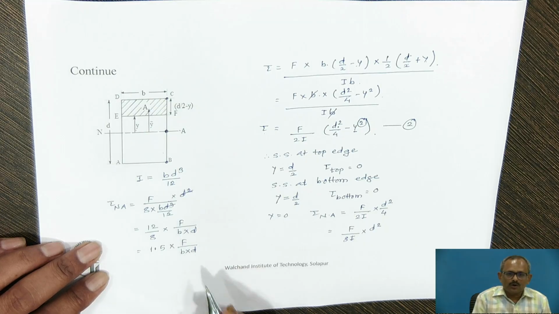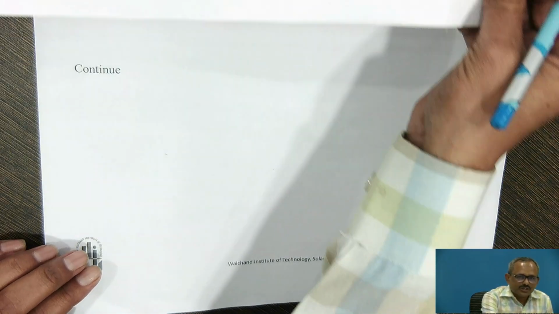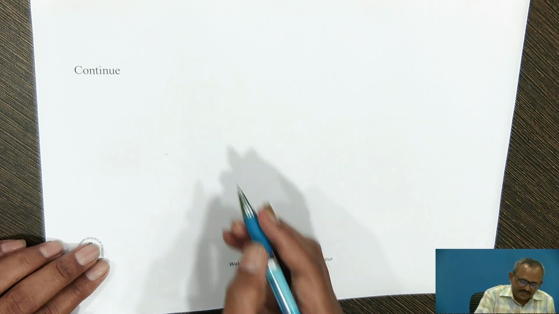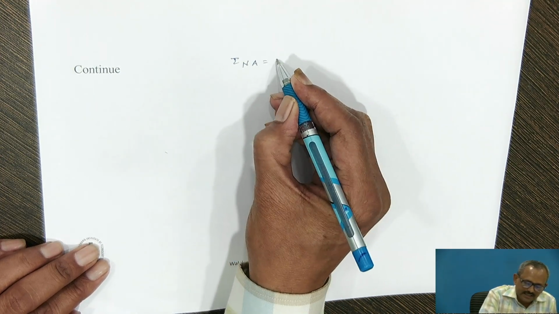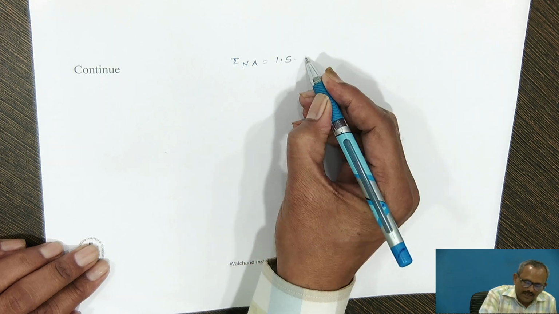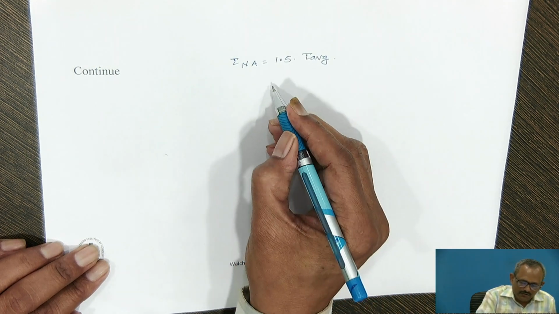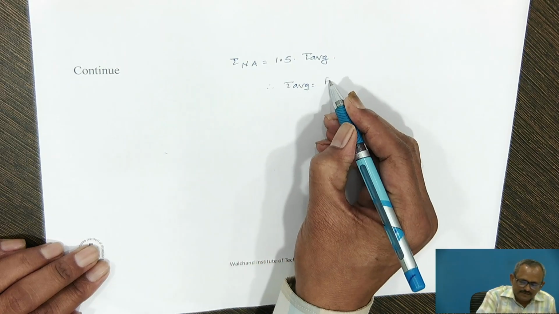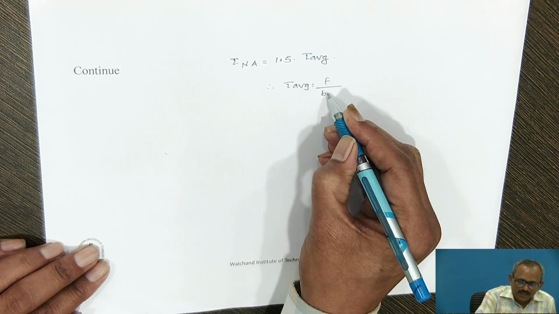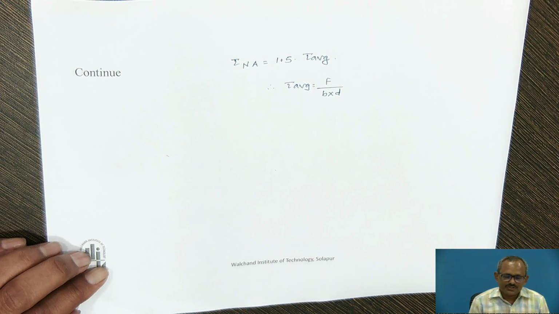F upon b into d is nothing but the average shear stress, and hence shear stress at the neutral axis is 1.5 times the average shear stress, where average shear stress is the shear force acting on the section divided by the area of that particular section.